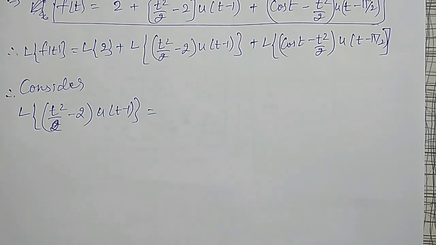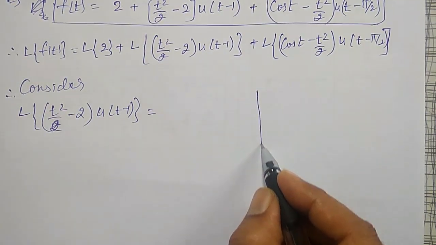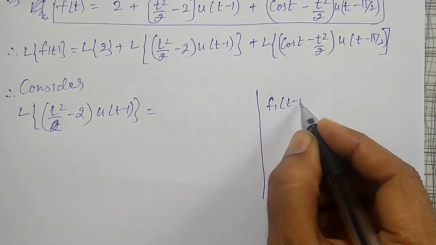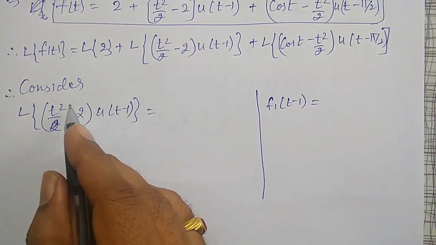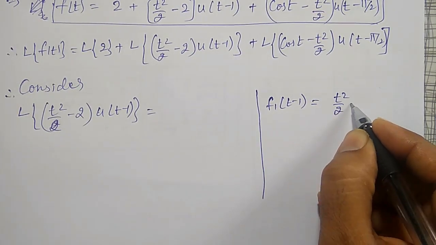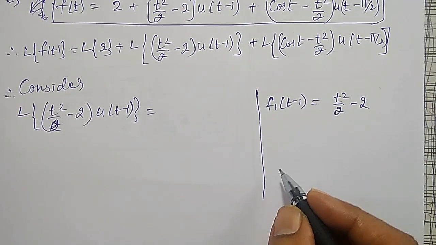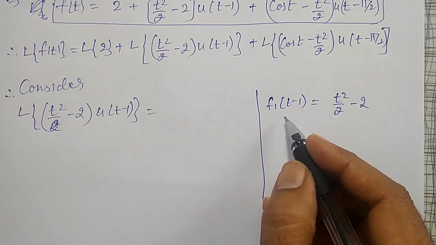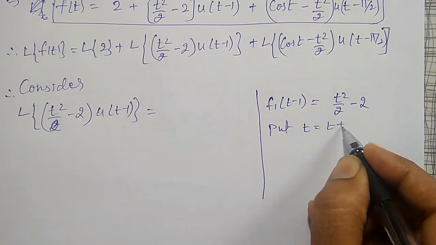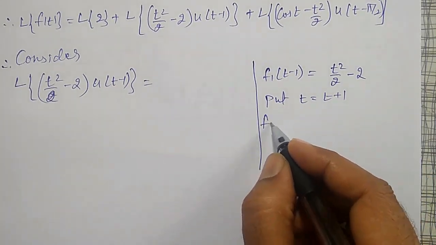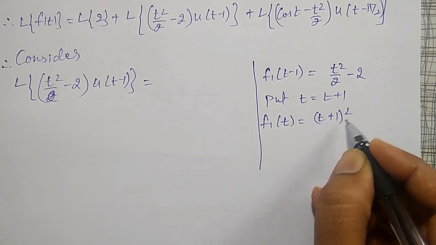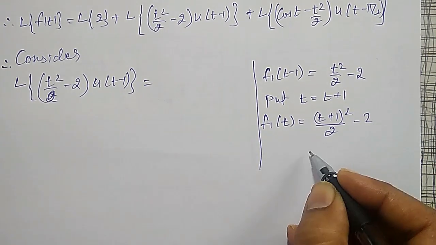To apply the shifting property, my f1 of t minus 1 is t square by 2 minus 2, as they are given. To find f1 of t, let me put t equal to t plus 1. Therefore, f1 of t is equal to t plus 1 the whole square divided by 2 minus 2.